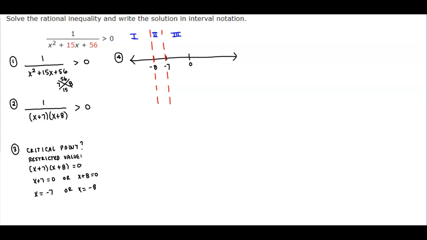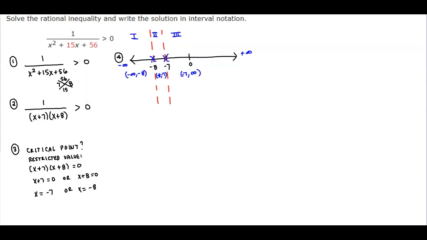Since the symbol is greater than, and these are restricted values, we're going to be using parentheses for all the intervals. So region 1 goes from -∞ to -8, region 2 goes from -8 to -7, and region 3 goes from -7 to infinity.